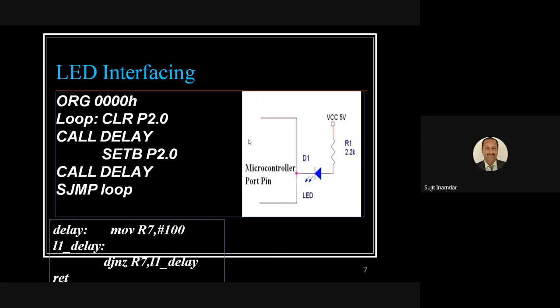It has already been finalized in the trainer kit. The only additional thing is the LED we have to interface. So this is the simple way of establishing this connection, as shown in this diagram. And parallelly, on the left side, you can see the simple LED blinking program.